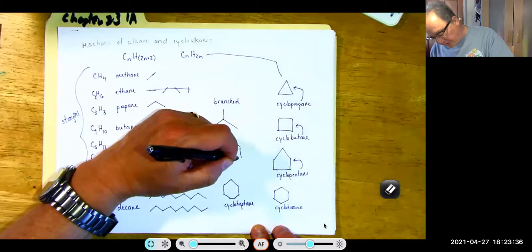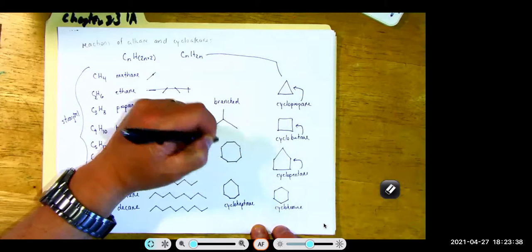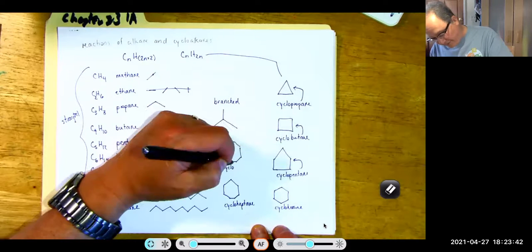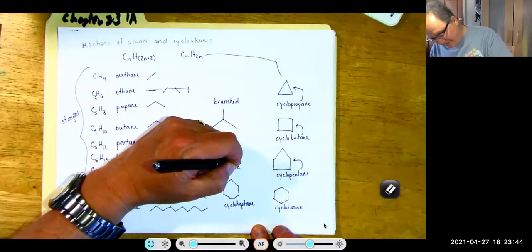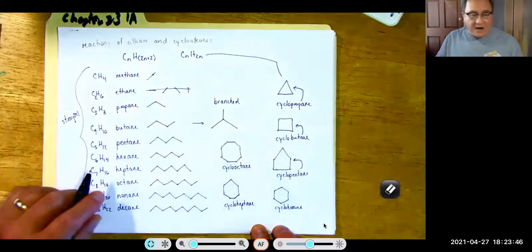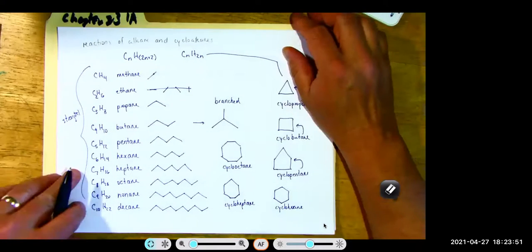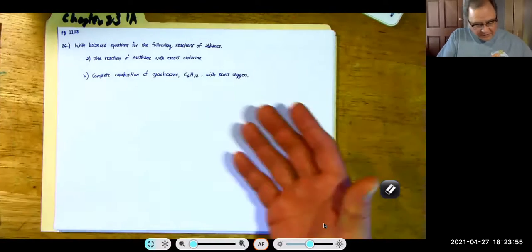You guys know what stop signs look like? You're supposed to say, of course we do. And we stop at them. Cyclooctane. So just a quick preview of these guys, if you will.